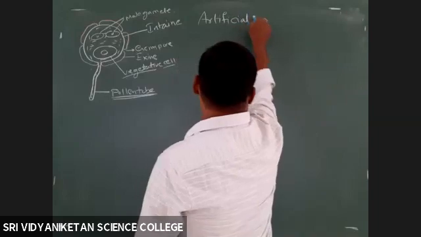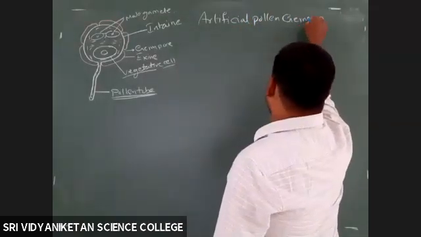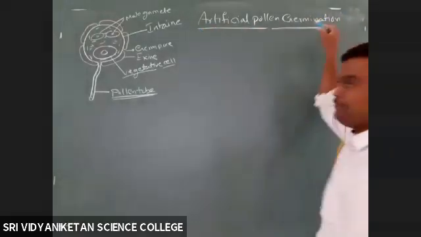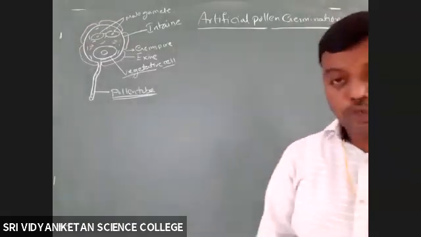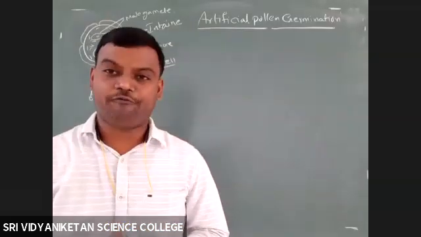Artificial pollen germination. The germination of pollen grains can be observed artificially in the laboratory. How? Very simple. We should collect pollen grains from the anthers of different flowers.